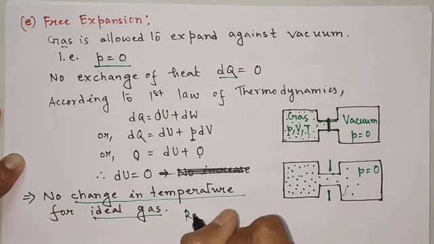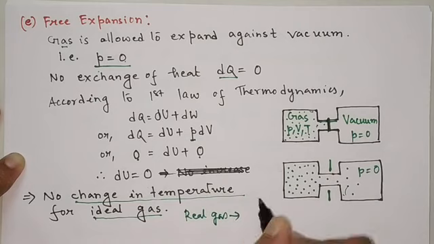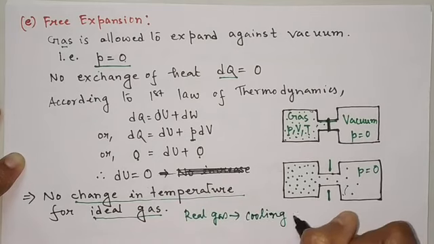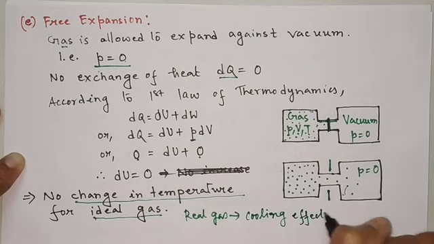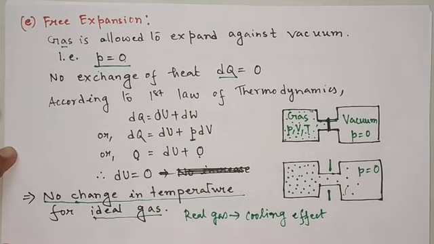But for a real gas, this situation will be different. Whenever there is a free expansion of a real gas, some cooling effect can be seen. That is, the temperature of the real gas will change for free expansion.